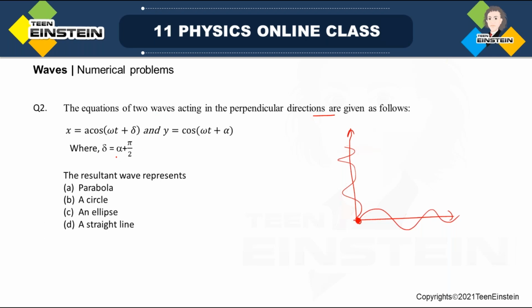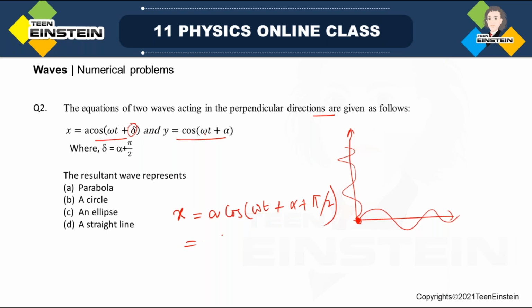The only way is that you have to look closely at these two component waves and what the phase difference is between them. Look here, delta is there, and what is delta? Alpha plus pi by 2. So there is a relationship between these two. Let us check. So x is equal to a cos of omega t plus delta, meaning alpha plus 90 degree.